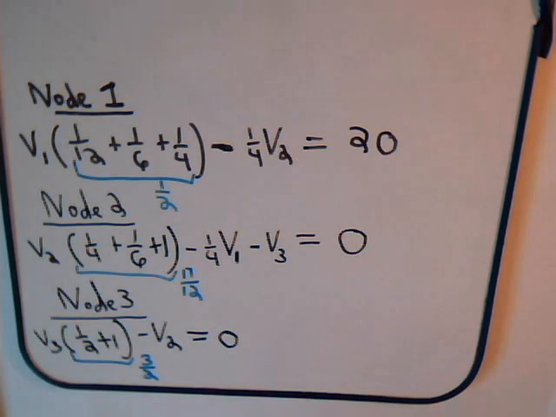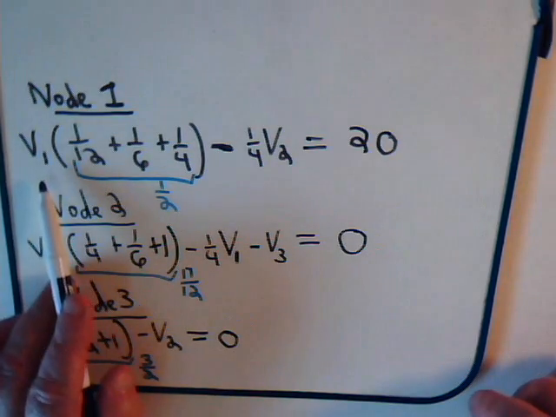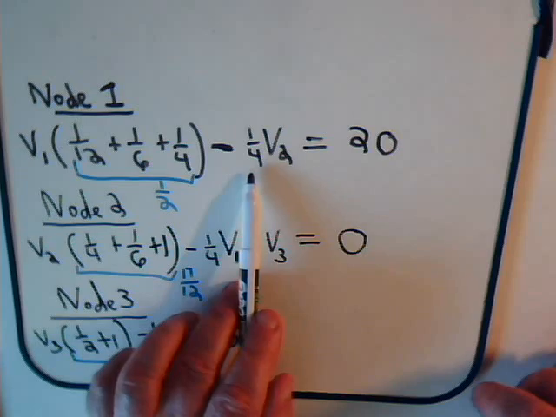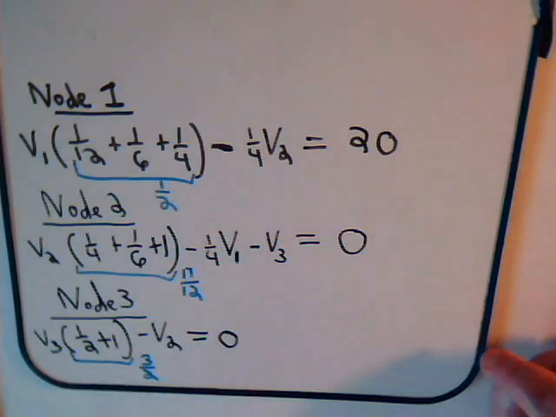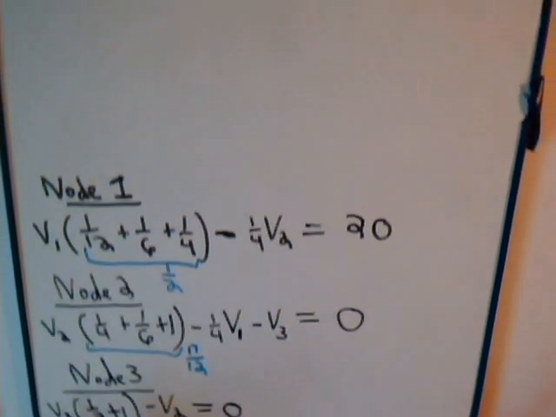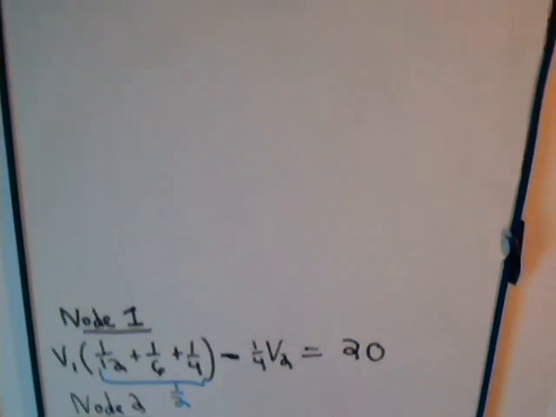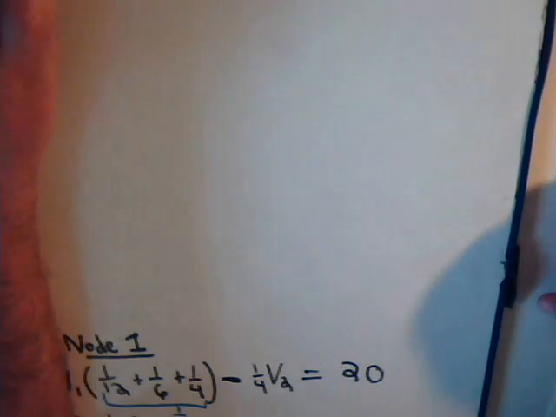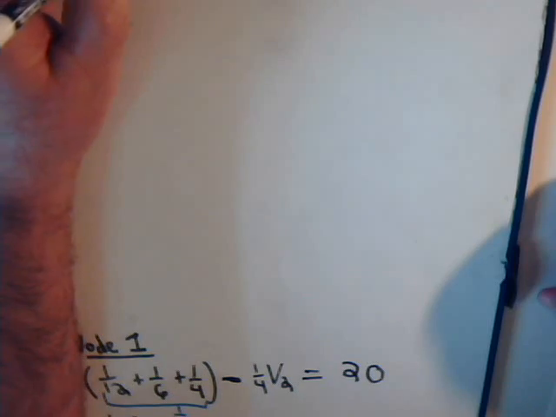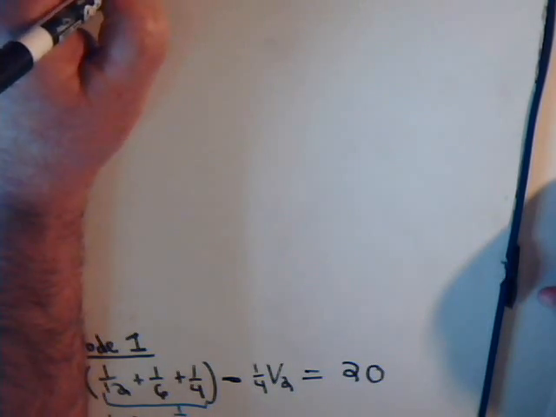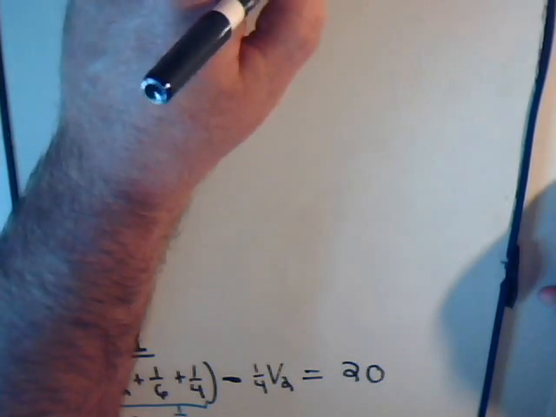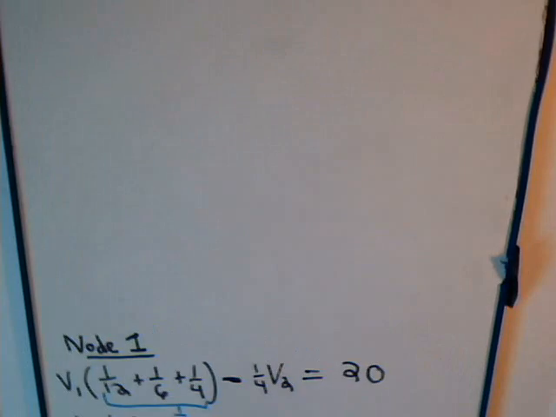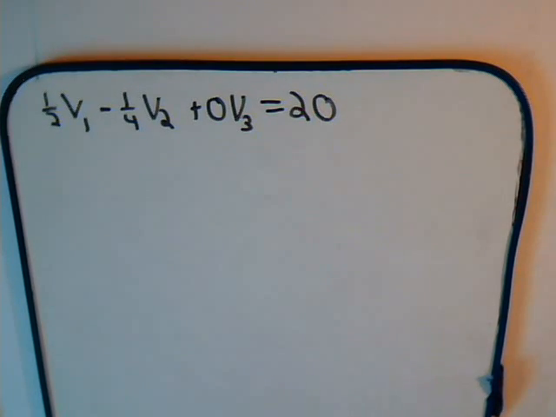Okay, so let's see. We have 1/2 times V1 minus 1/4 V2 plus 0 times V3. So let's just write these at the top now. 1/2 times V1 minus 1/4 times V2 plus 0 times V3, and that's 20.